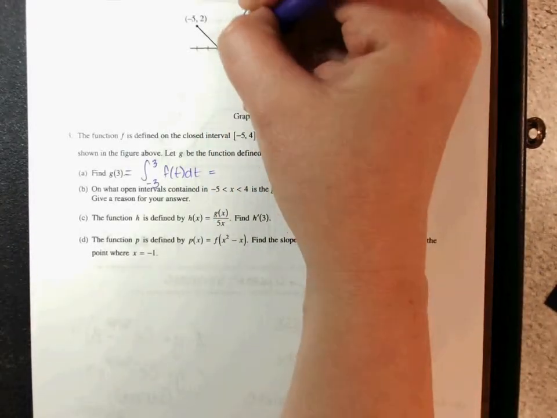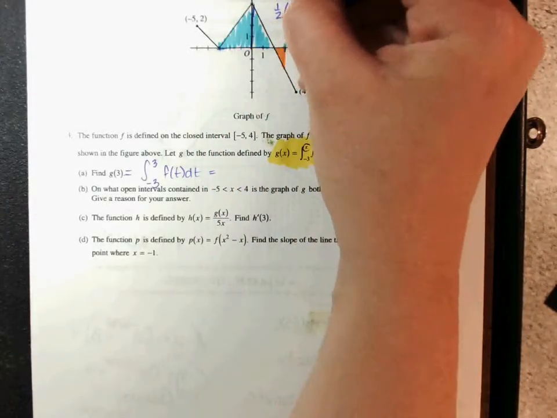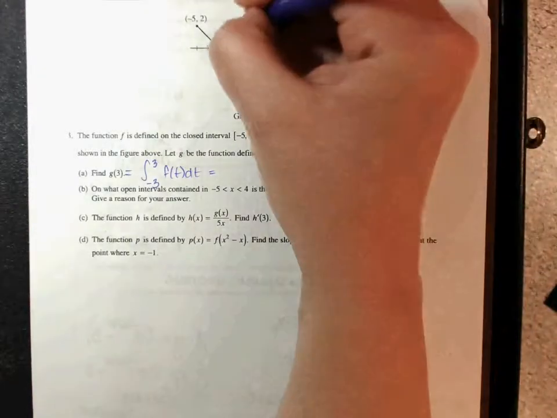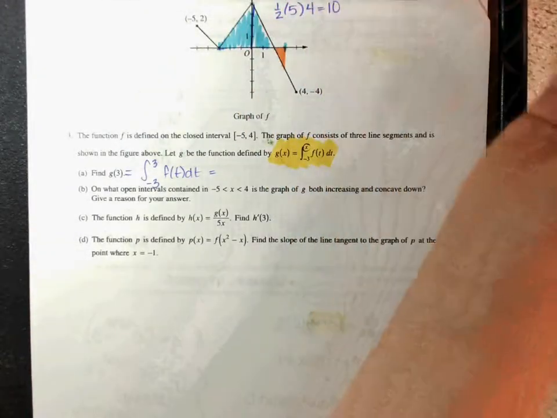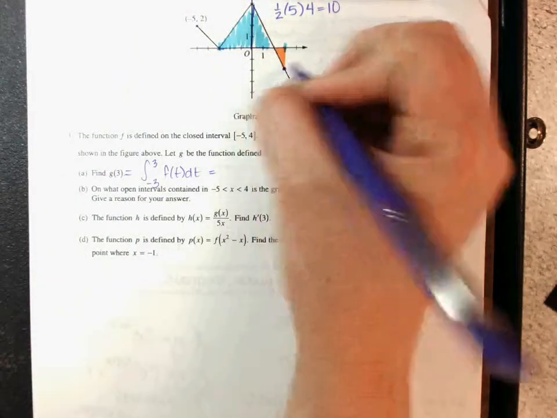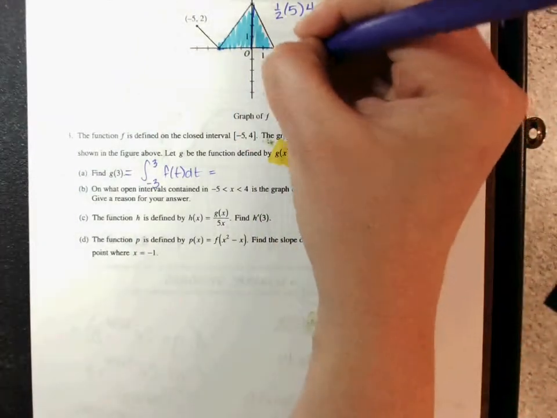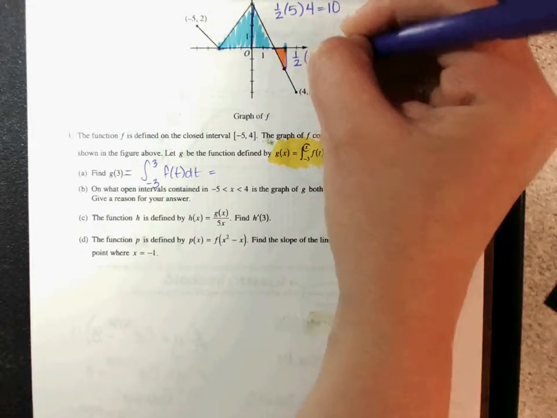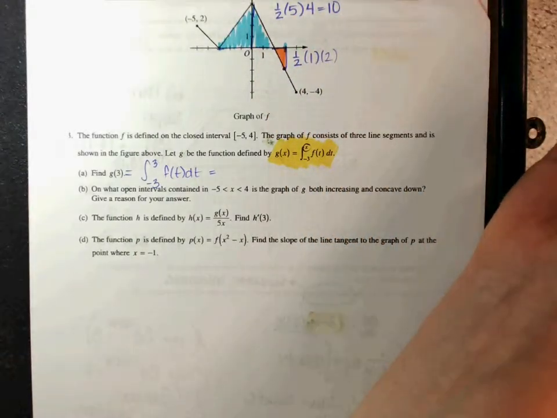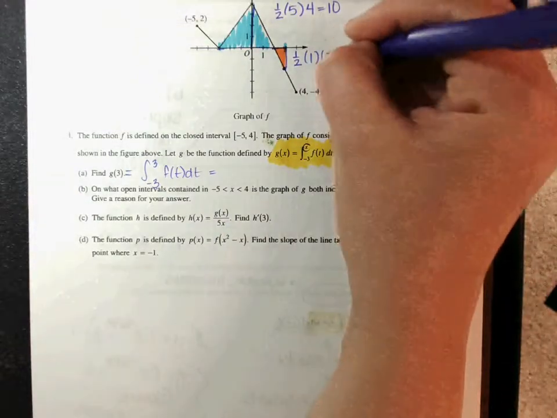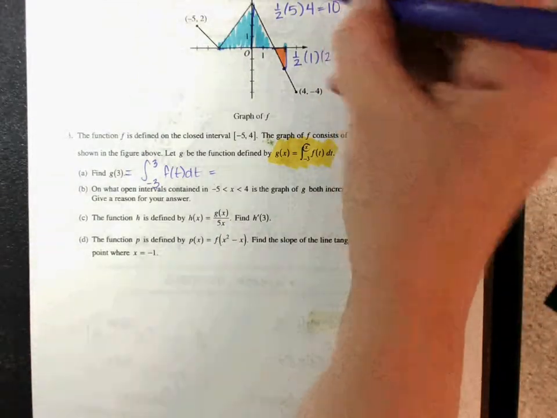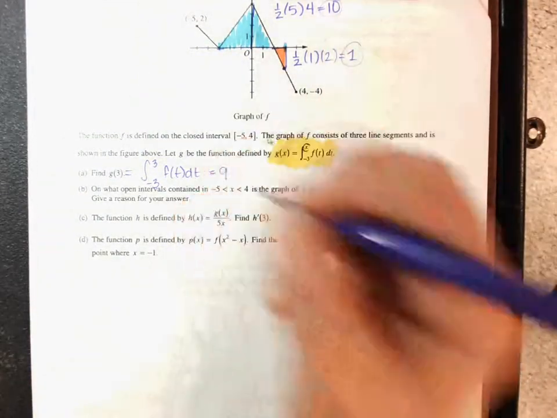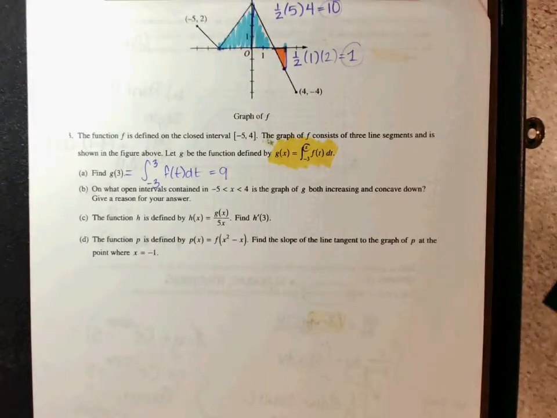My height is 1, 2, 3, 4 units tall. 5 times 4 is 20, half of that is 10. Okay, looking at this little shorty triangle right here, it's going to be 1/2, my base is 1, my height is 2. 1/2, 1 times 2 is 2, half of which is 1. Now remember that my 10 was on top, my 1 is on bottom, so my total for part A is going to be 9. Okay, go to part B.